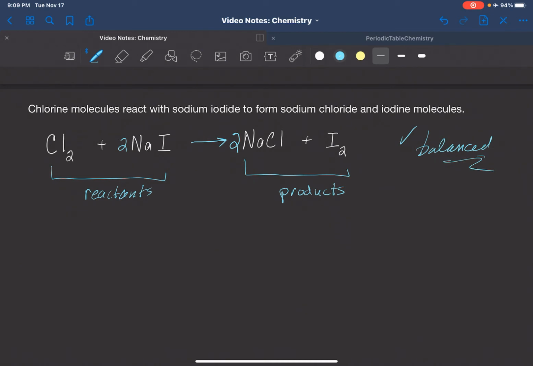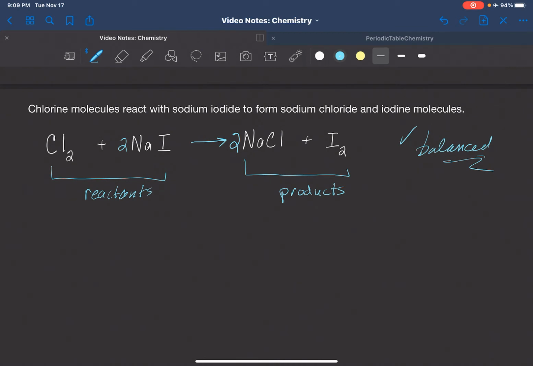All right, and then if we were to classify this, we remember we have our 5 classes of reaction. We have synthesis, decomposition, single replacement, double replacement, or a combustion reaction. And so what we do is we look for patterns here, okay? We want to look for patterns.